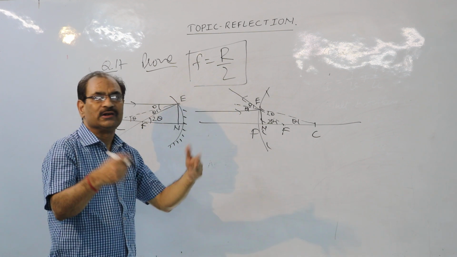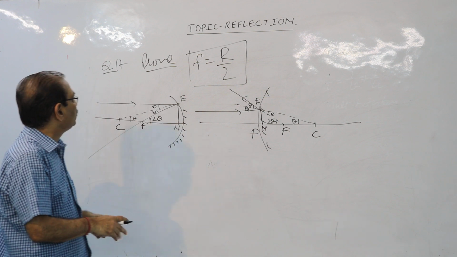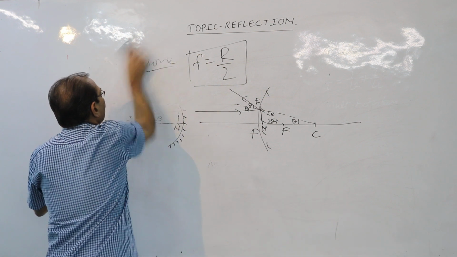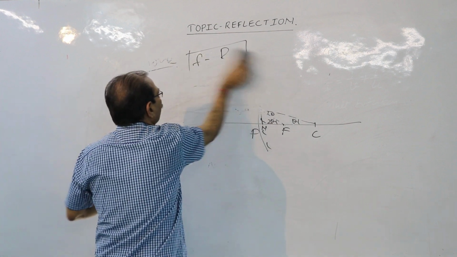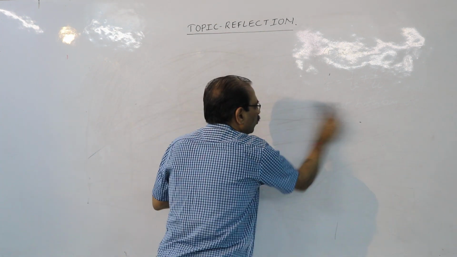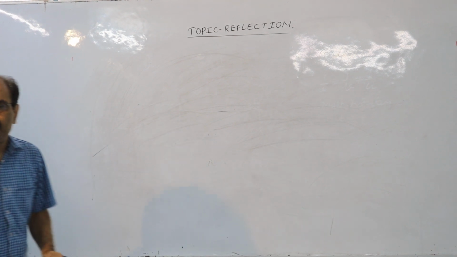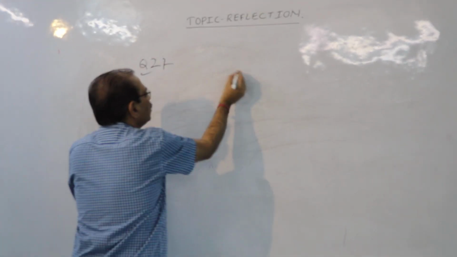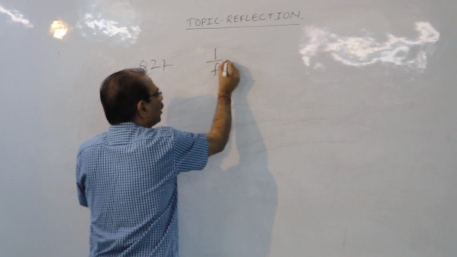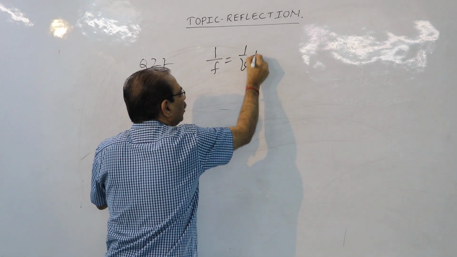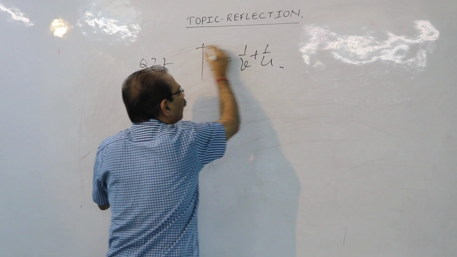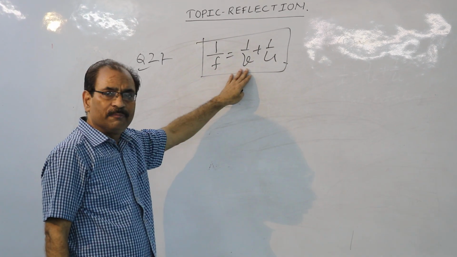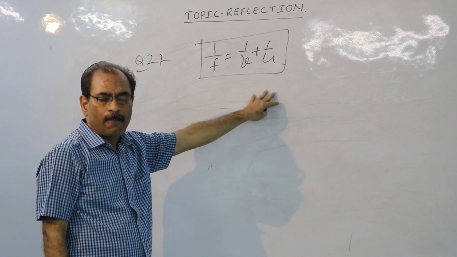Let us come to another question. Question number 2 from my side will be: prove the mirror formula for both the types of mirrors. That is, you are supposed to prove 1 upon f is equal to 1 upon v plus 1 upon u for both the types of mirrors, that is for concave mirror as well as for convex mirror.